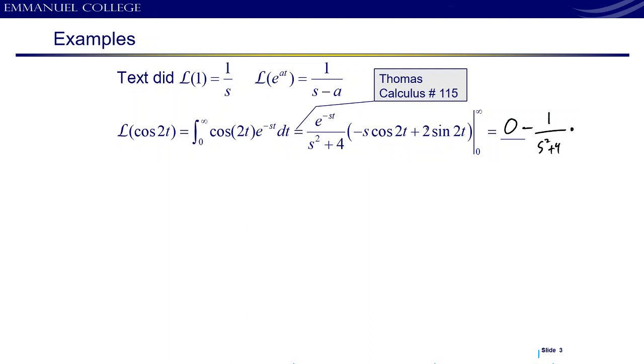Cosine of 0 is going to be 1. And then sine of 0 is 0. So this comes out to be s divided by s squared plus 4. So the Laplace transform of cosine of 2t is s divided by s squared plus 4.